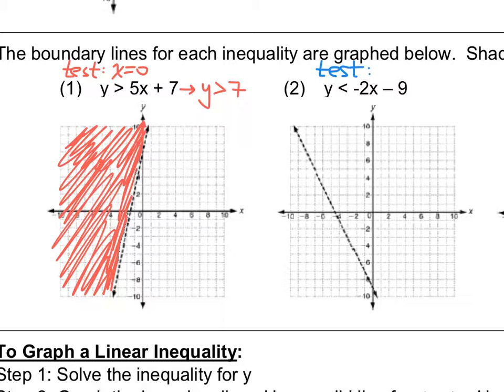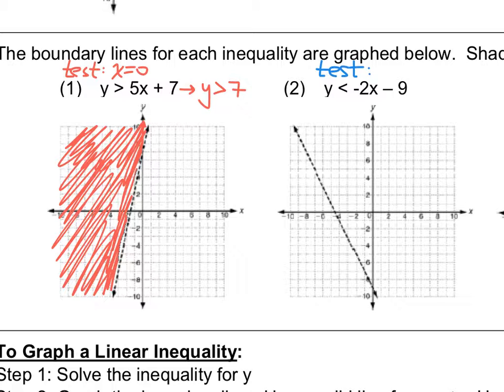So for the second one, and again, if you can clearly see what's above or below the line, then just go for it. But if you can't, then testing a value makes sense. The only time 0 can be a little iffy is if it actually falls specifically on the line, but that's pretty rare, or at least rare where it doesn't help you in some capacity.